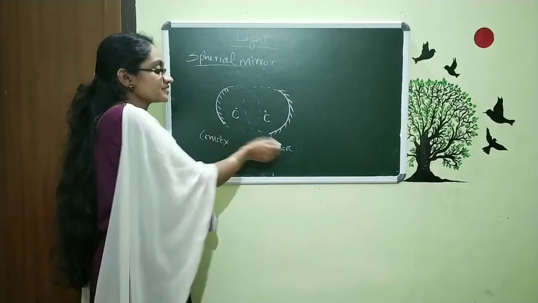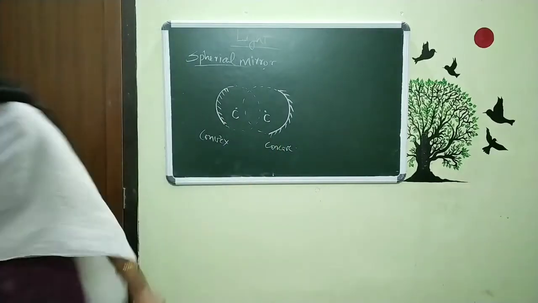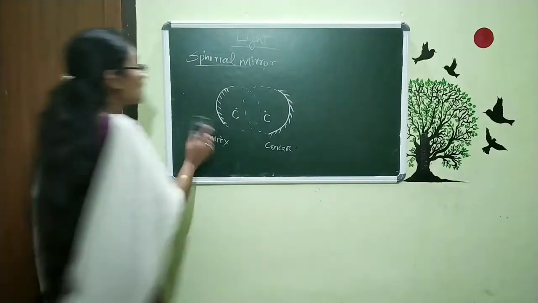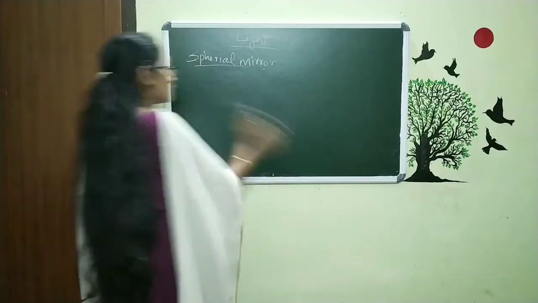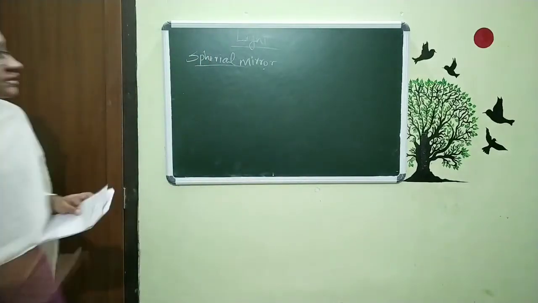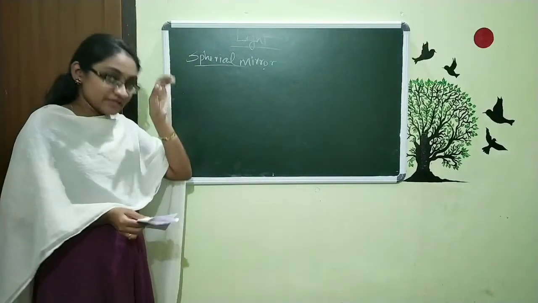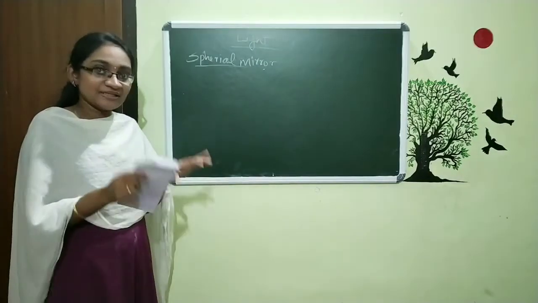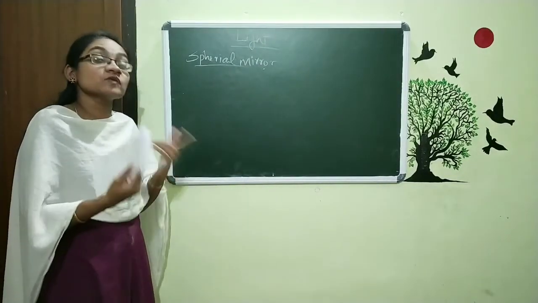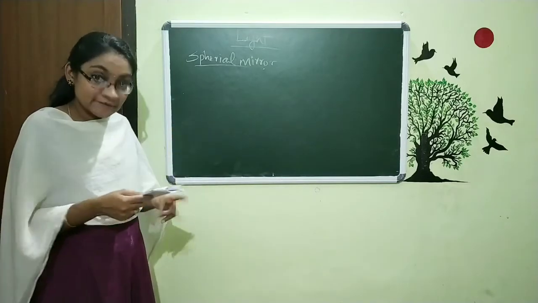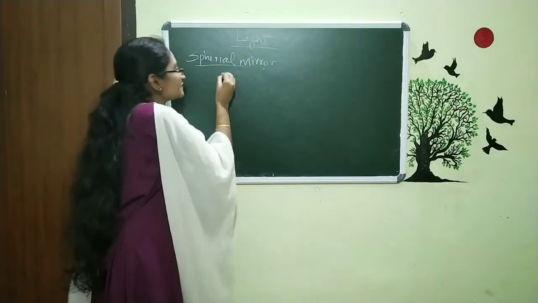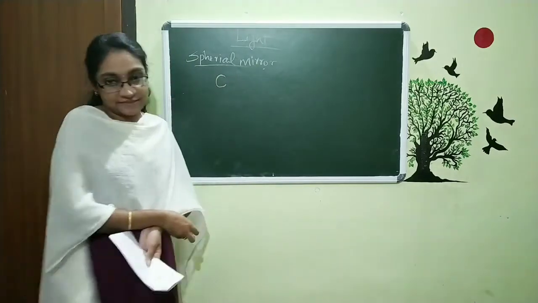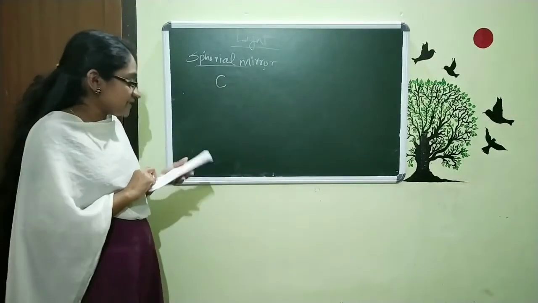This is convex and this is concave. Simply, you want to understand that for all the spherical mirrors, whether convex or concave, each has one center. That means it's a part of a sphere, and that sphere has one center, and we are representing it with the capital letter C. So that's about that.